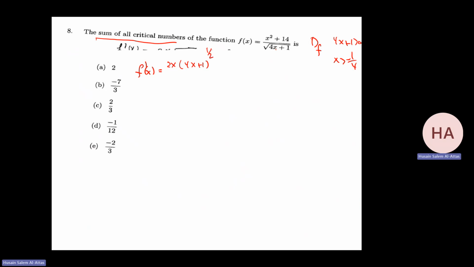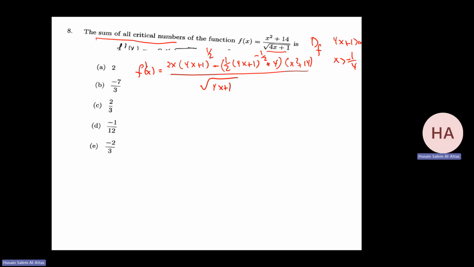So the derivative of the numerator times the denominator minus the derivative of this, which is half 4x plus 1 to the power minus half times 4. Don't forget this times the numerator, all over this one.